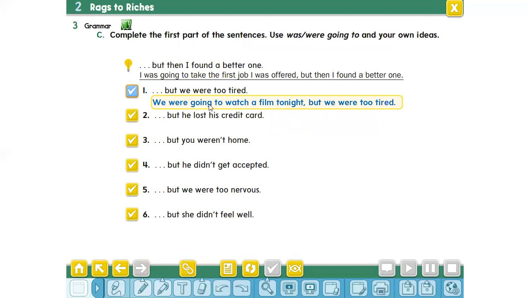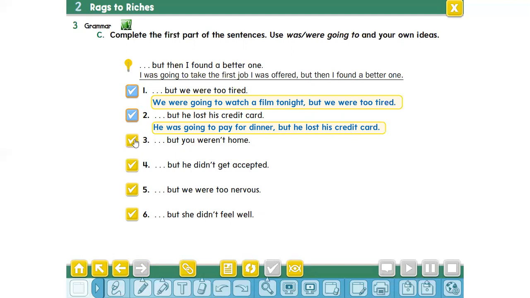We plus were going to plus base form. We were going to watch a film tonight, but we were too tired. Number 2, but he lost his credit card. He was going to pay for dinner, but he lost his credit card.